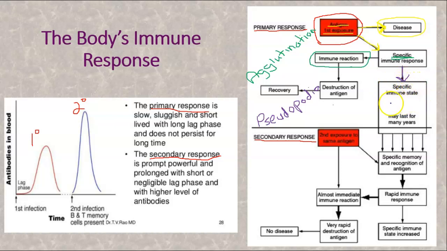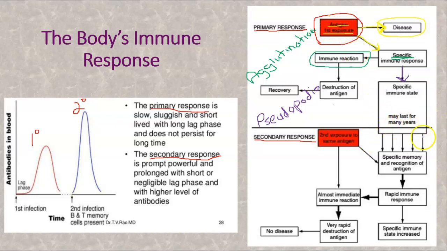Now, this temporary immunity may last for many years, and it involves memory cells that keep a record of past infection. So when you are infected with the antigen, the body's immune system memorizes that antigen.